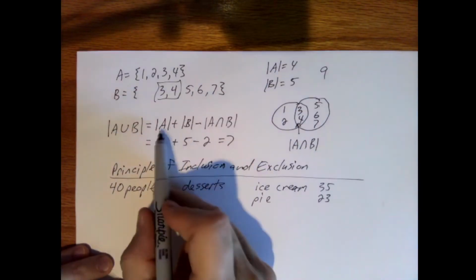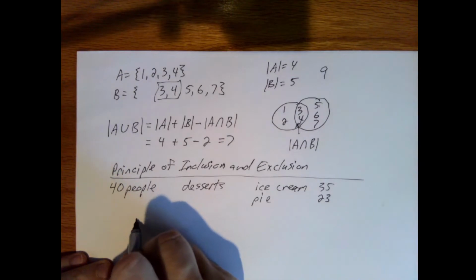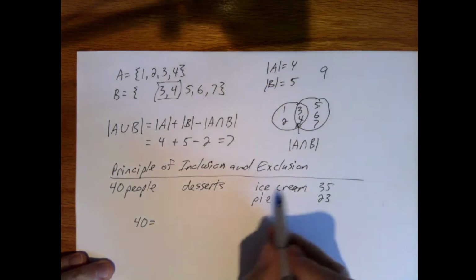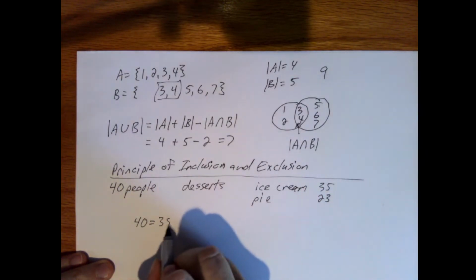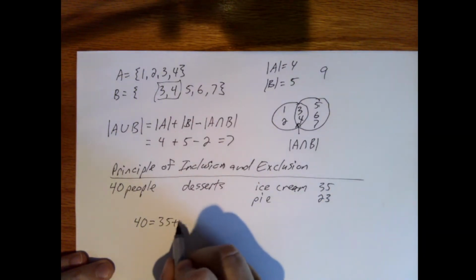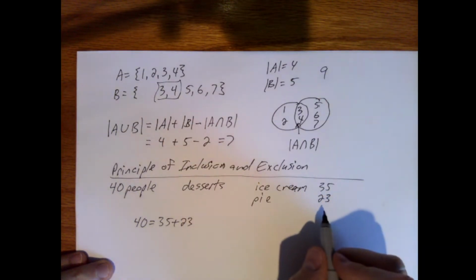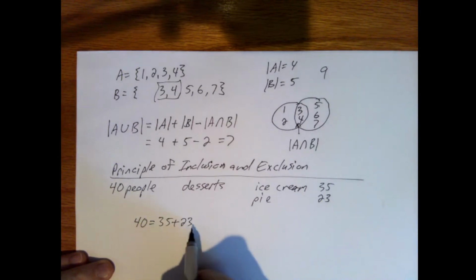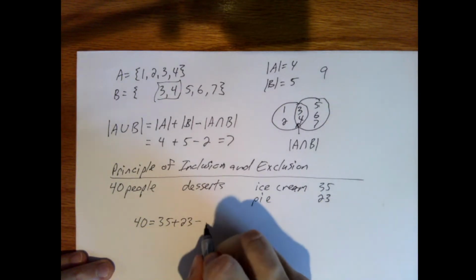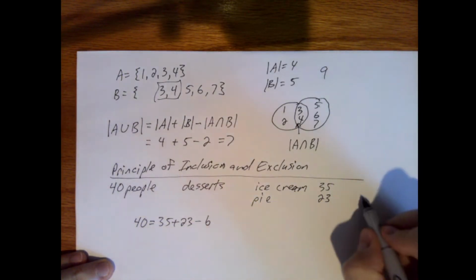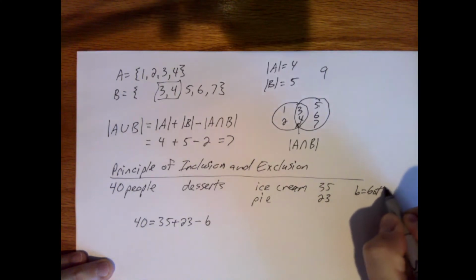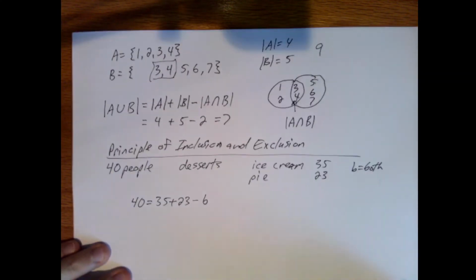So using this formula here, we can say, okay, there were 40 people total, equal to the 35 that like ice cream plus the 23 that like pie, minus B. So B equals both in this case. And so what do we get?